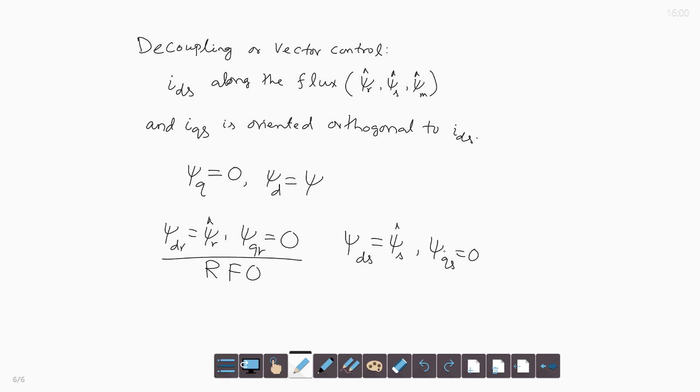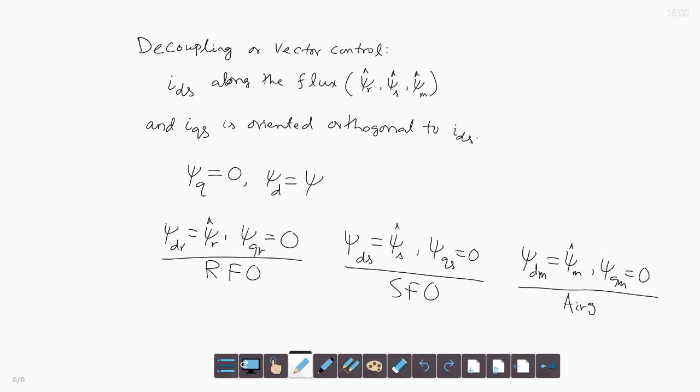There is no flux along the q axis. And in air gap flux orientation, psi d m equals psi m and psi q m equals 0, no flux along the quadrature axis.